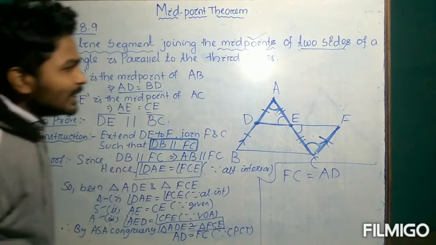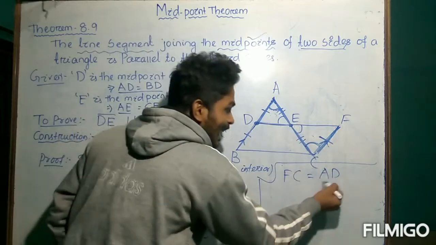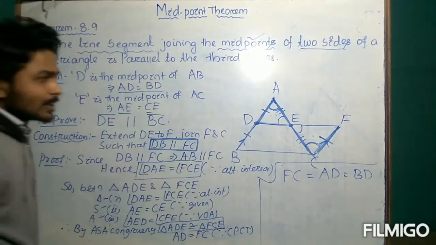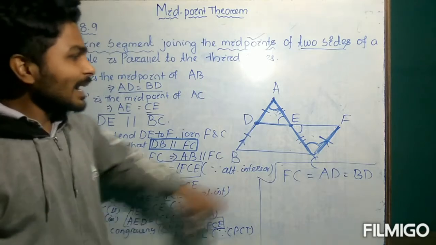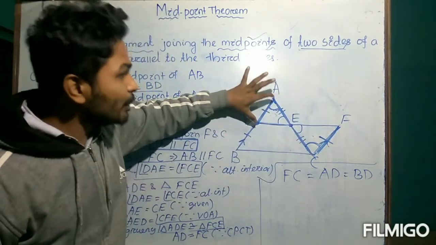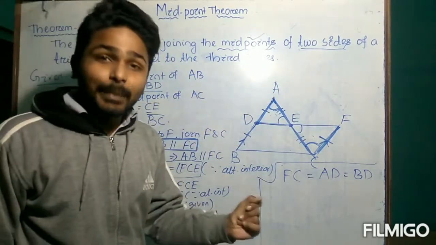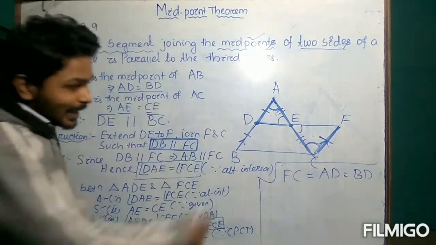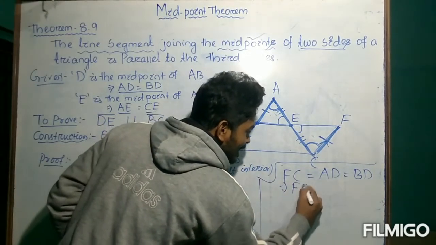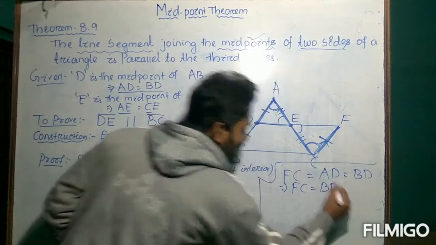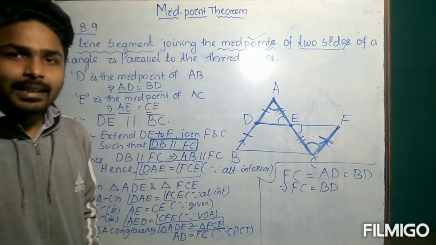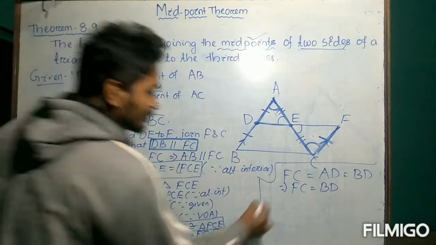AD is equal to BD, because D is the midpoint. So this side is equal to this side, but this side is equal to this side. It means this side FC is equal to this side BD. So we can extract that FC is equal to BD. This side is equal to this side. Clear?